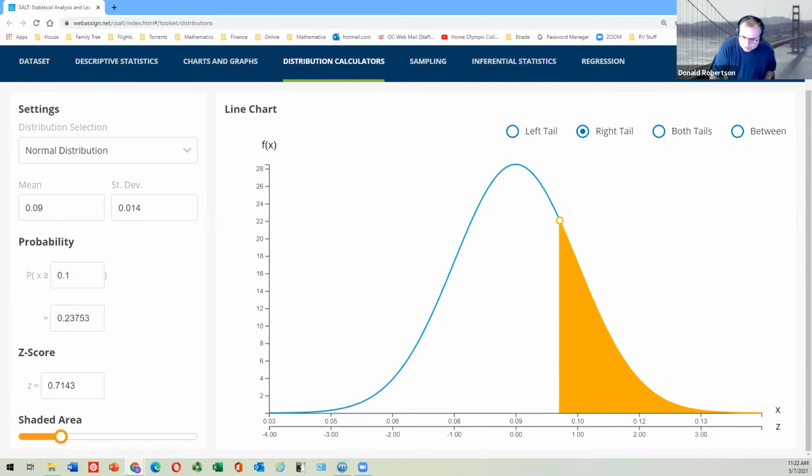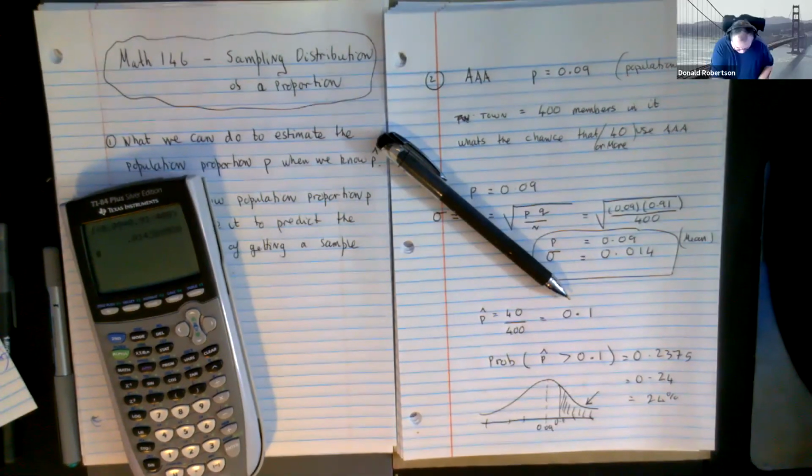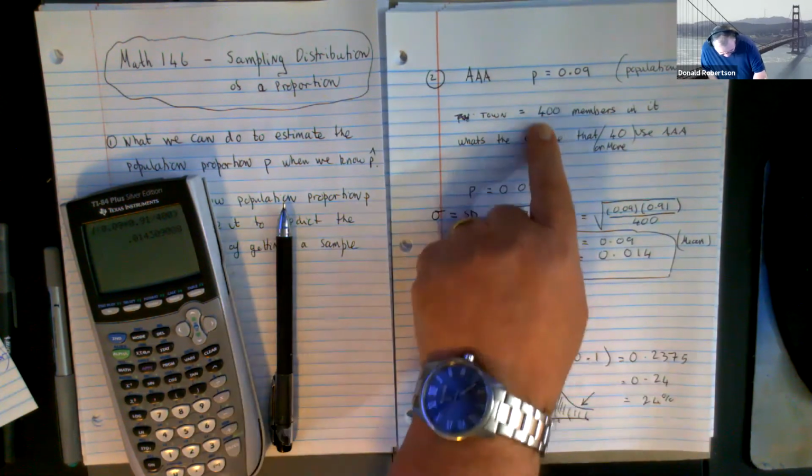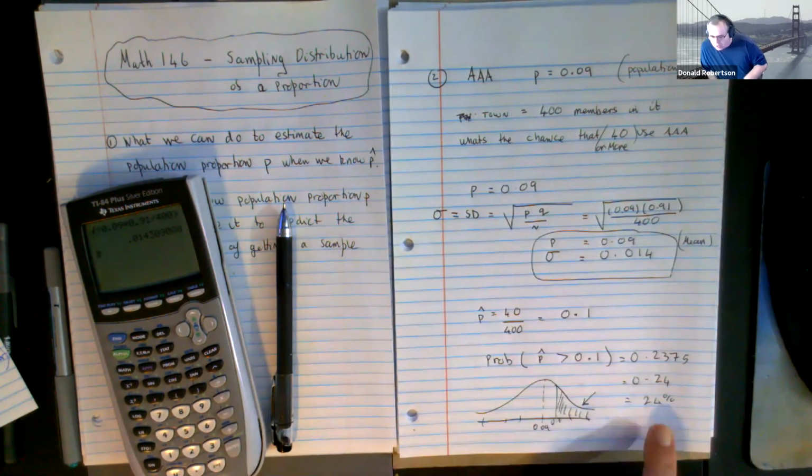And we have now answered our question: what's the chance that that town will actually call on 40 or more people? It's going to happen about a quarter of the time.